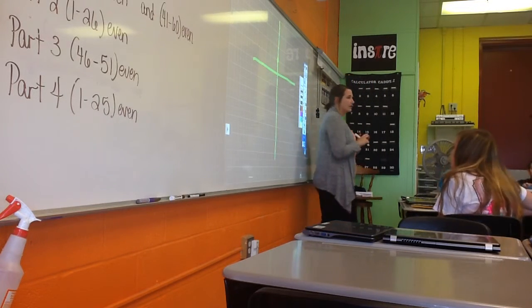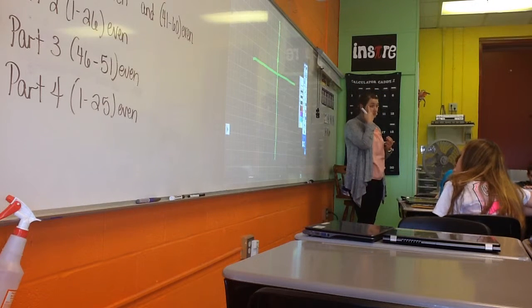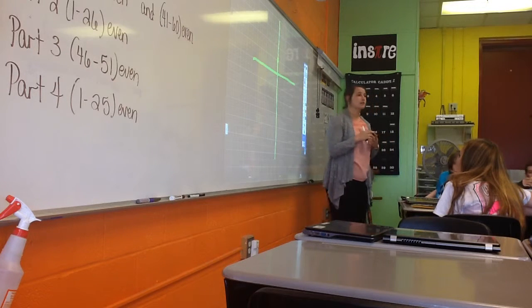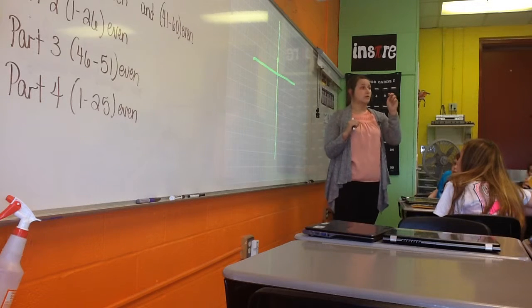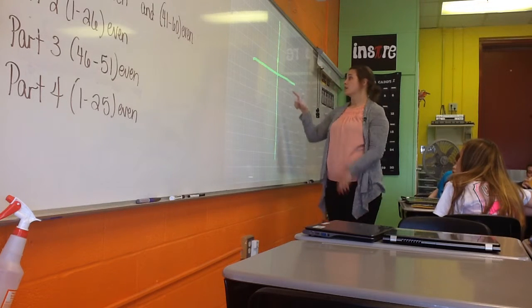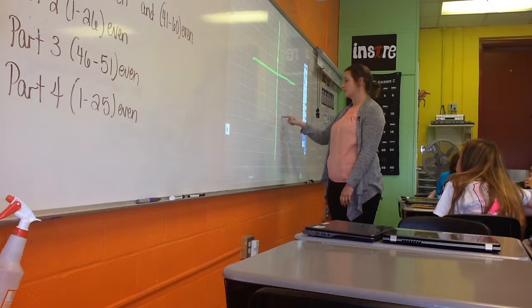What other thing did I know? The axis of symmetry. What other point did we know? The vertex, which is 3, down 7. 1, 2, 3.